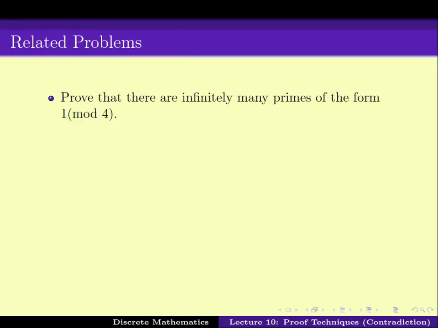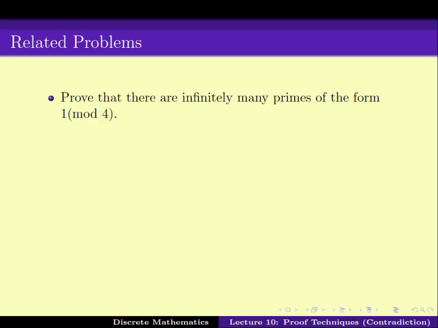There are many related problems to this particular problem, and I leave it to you as an exercise. For example, prove that there are infinitely many primes of the form 1 mod 4. So namely, what are the primes 1 mod 4? Say 5, 13, 17, 29, and so on.